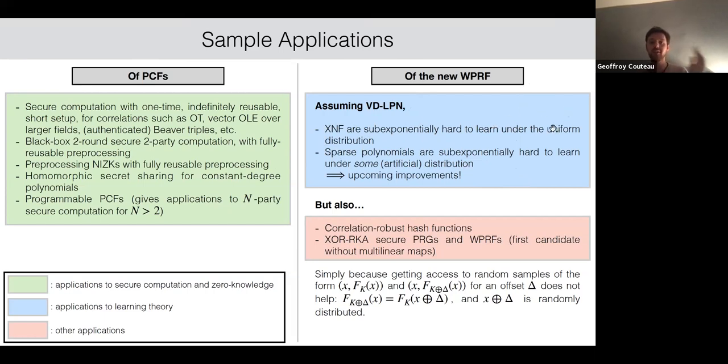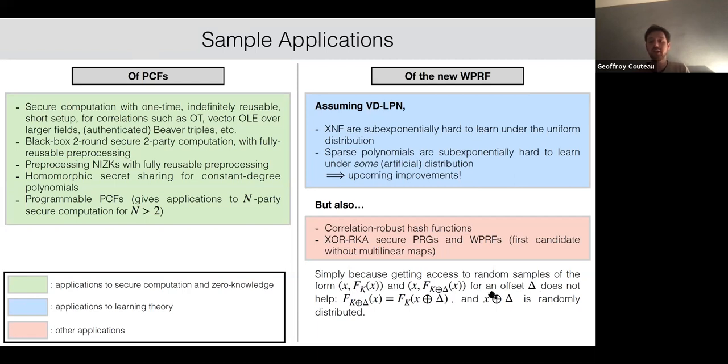Another funny thing is that, as you've seen, this function is just you apply some fixed function to the XOR between the input and the key. So that means you also get a natural candidate weak pseudorandom function which satisfies security against related key attacks for the XOR relation. Simply because if you have access to, say, random samples x, f_k(x), and x XORed with delta, f_k(x XOR delta), where delta is some related key offset, then what you get is just the evaluation of the initial function on the input with the offset applied.